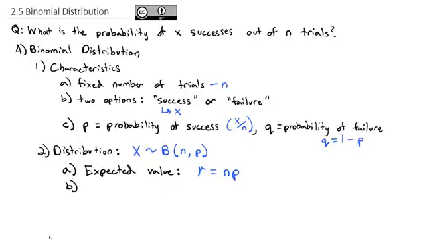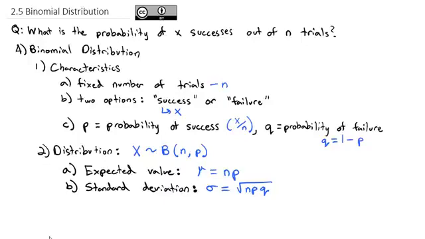We can also use a shortcut formula for the standard deviation of the binomial. And the standard deviation, or sigma, is equal to the square root of npq. Now, we could go through the formulas for mean and standard deviation like we did with just the generic discrete probability distributions.